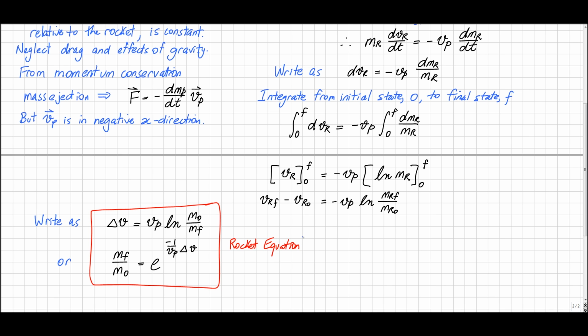So let's just look at that. First of all, let's look at this first form here, and if we want to increase our delta v, so how much change in velocity we can get, what we'd like to do is increase our vp. So let's note that to get more delta v, we'd like to increase the velocity with which we're ejecting the propellant. The second point to note is that the delta v varies with the logarithm of m0 over mf.